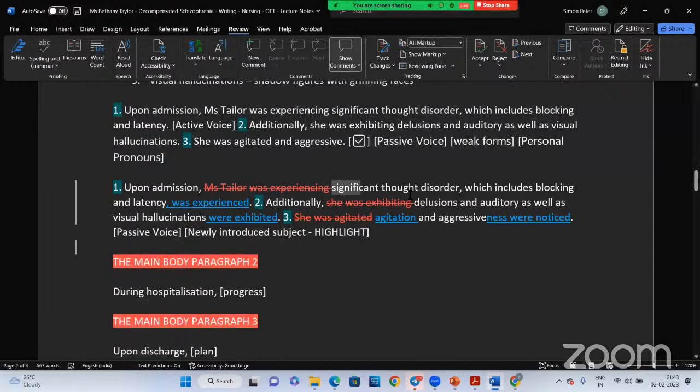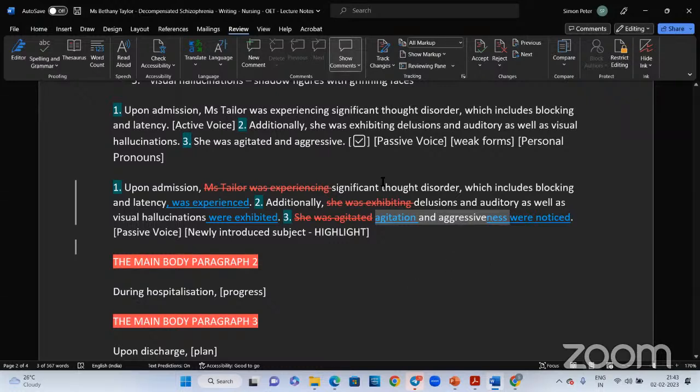In this, significant thought disorder is the subject. In this, delusion and hallucinations are the subject. And in this, agitation and aggressiveness are the subjects. So subject should be newly introduced every time. Otherwise, it will be nonsense. I went to the market, I bought some vegetables, I paid the amount, I loaded into the car, and I came back. It's nonsense. So avoid such things as far as possible.